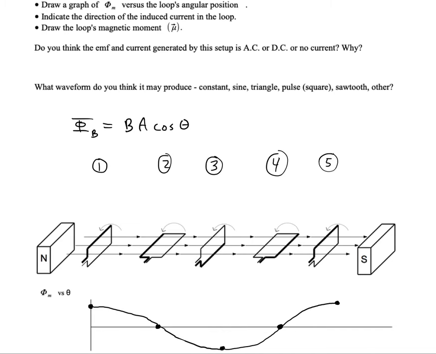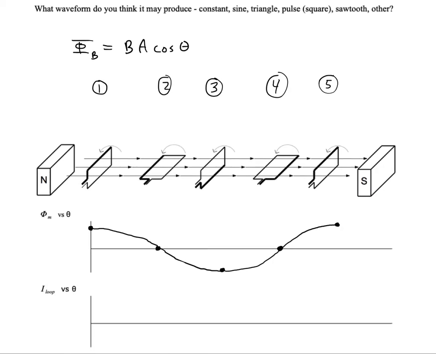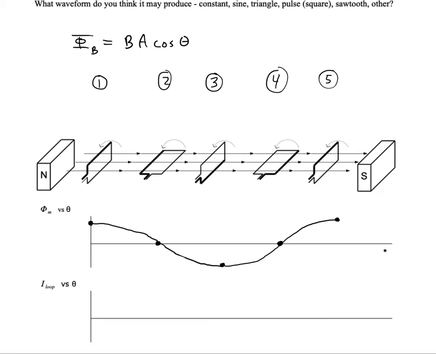It could look something like that. So if our theta starts off at 0 degrees, and then it goes to 90 degrees, 180 degrees, 270, and it comes back to 360.